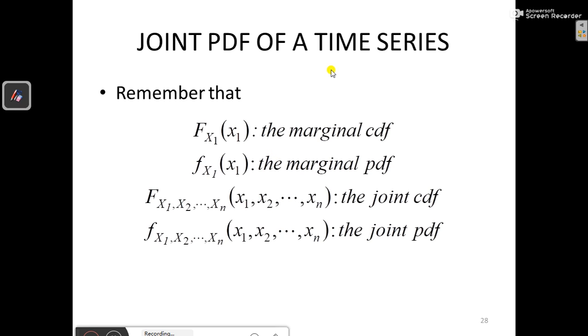Joint PDF of a time series, probability density function: f_X1(x1) is the marginal PDF. So this is the joint CDF, this is the joint PDF.